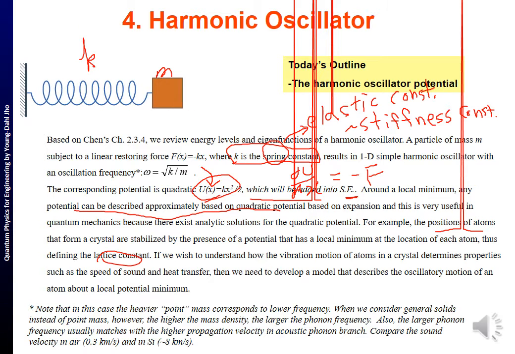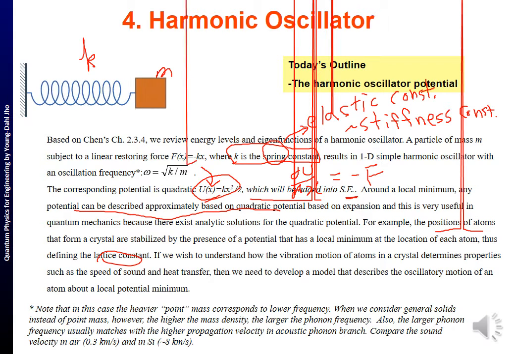You will see later on, if we wish to understand how the vibration motion of atoms in a crystal determines properties such as the speed of sound, heat transfer, then we need to develop a model that describes the oscillatory motion of an atom about a local potential minimum.